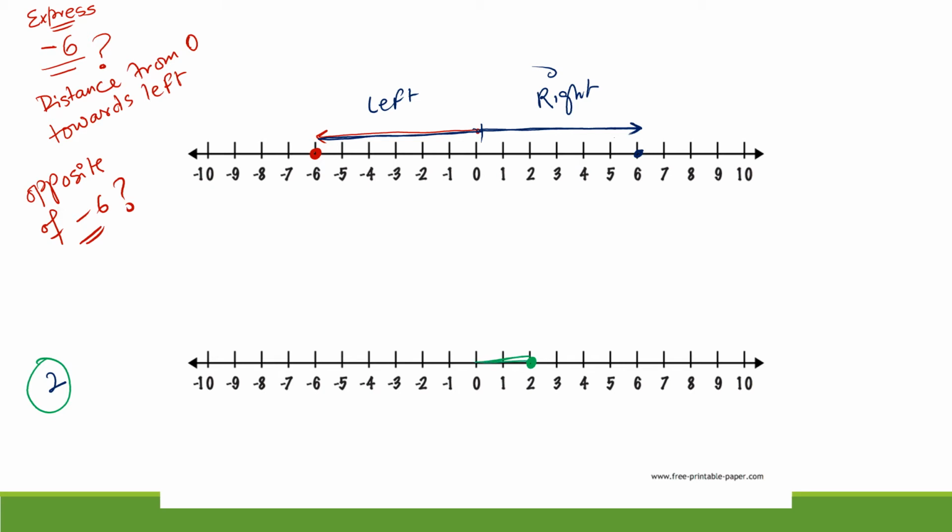What is the opposite of 2? It is actually the -2. Can we express it on the graph? Means 2 and -2? Yes, of course we can express 2 and -2 on the graph. So I hope that this concept is clear to you.